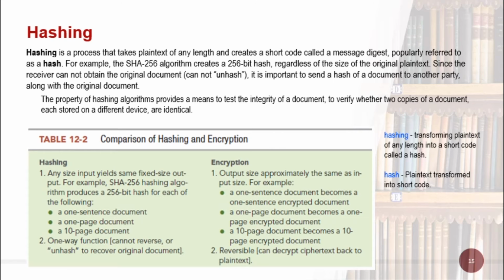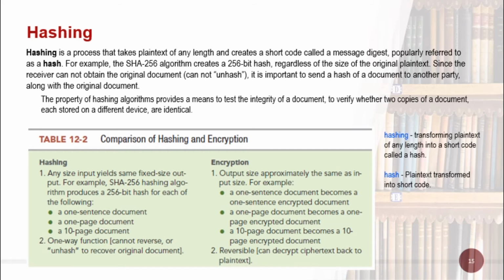If the sender wants to send a document, they can send the document along with the hash code. The document is still the document, but before the receiver can read it, they have to check the hash first.